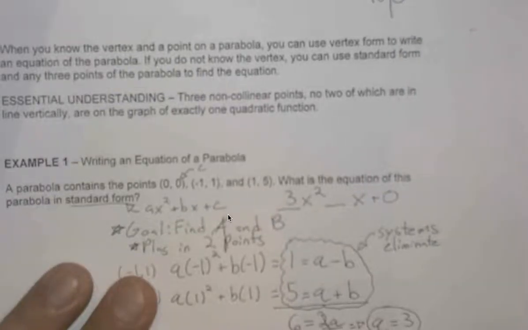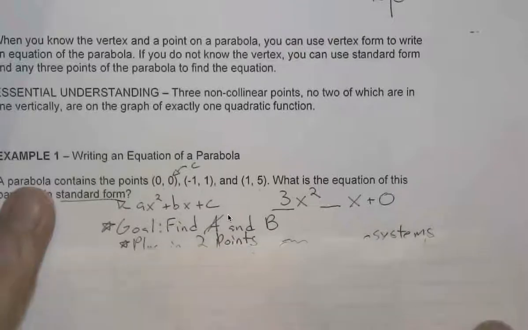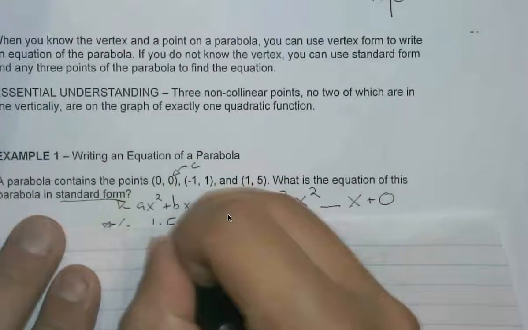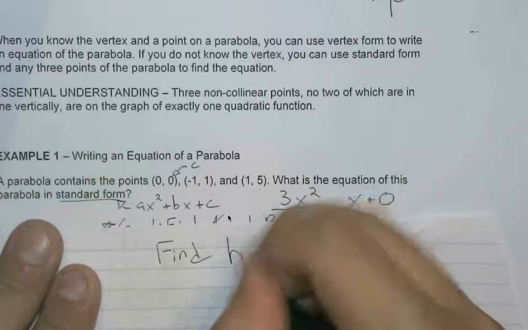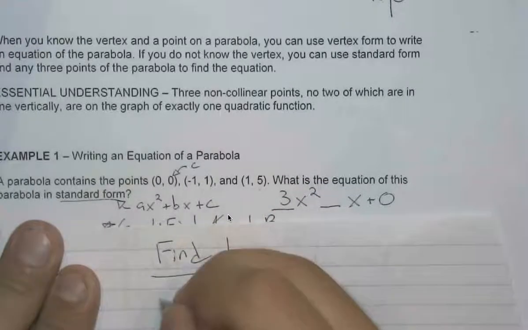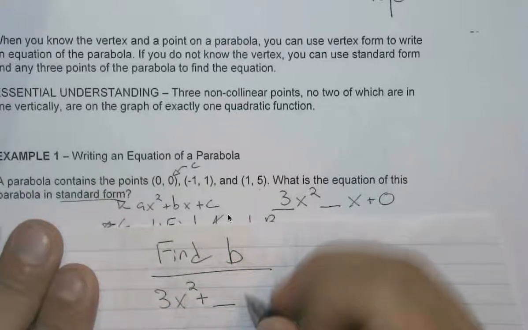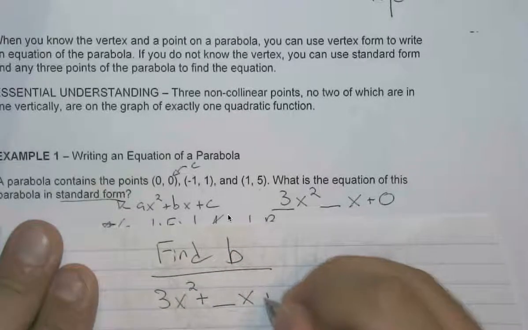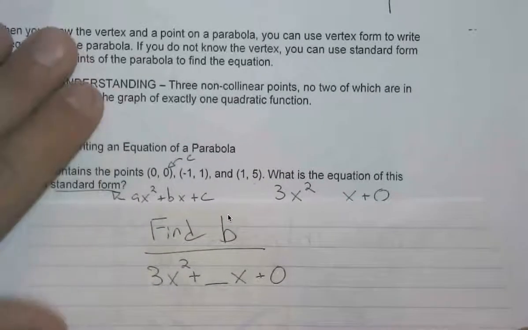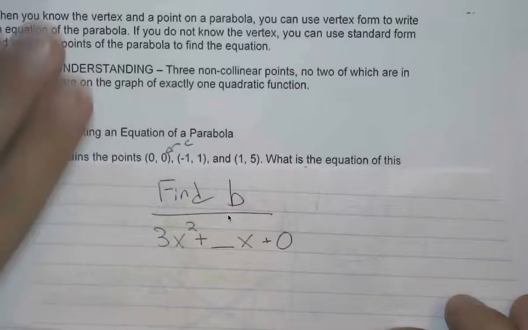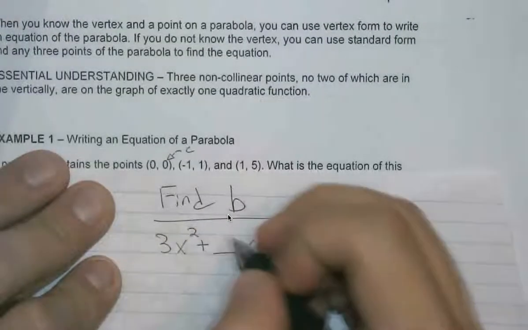So you could take into account that we have those two equations. So this is to find the b coordinate. We know that it's 3x squared plus some number with x, then adding on 0. Not too picky on which equation or which point you use, as long as it's not 0, 0, because this will just fall apart at that point.